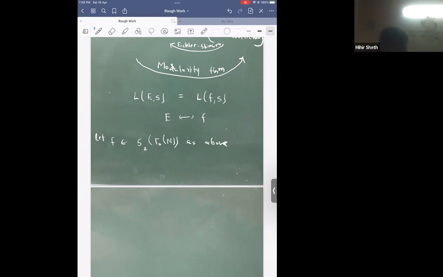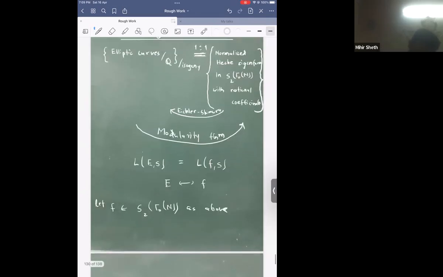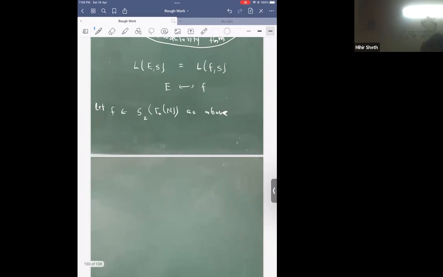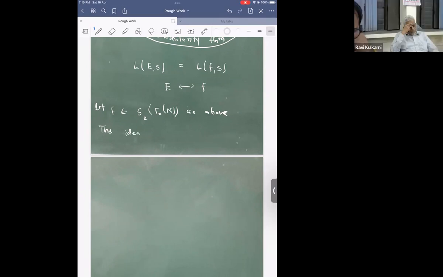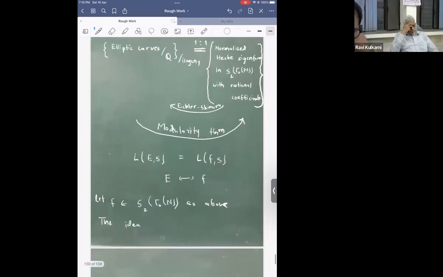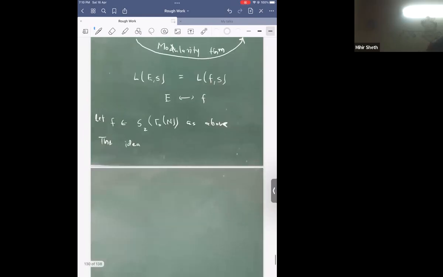Then what was the idea of Eichler and Shimura? How do they attach an elliptic curve? So let's call the elliptic curve corresponding to F as E_F.